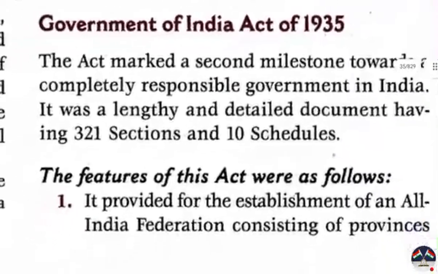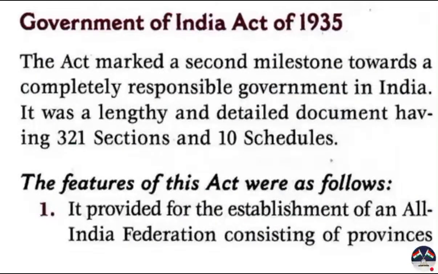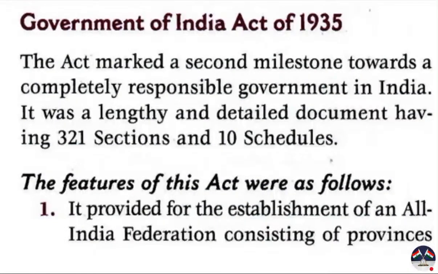So this was the act, and now we'll discuss the Government of India Act of 1935, and this is very, very important. If I say this is the most important act in this chapter, then it will not be extra words.